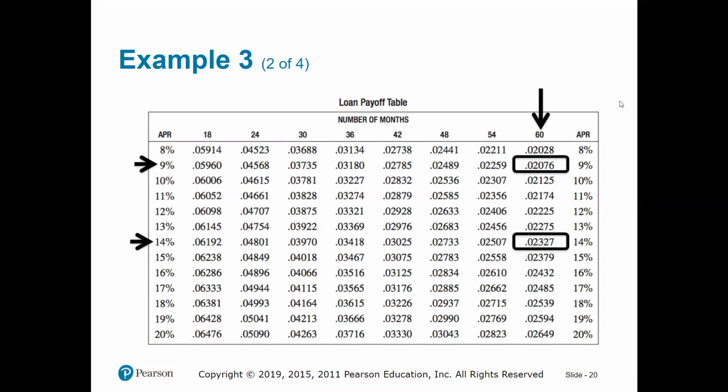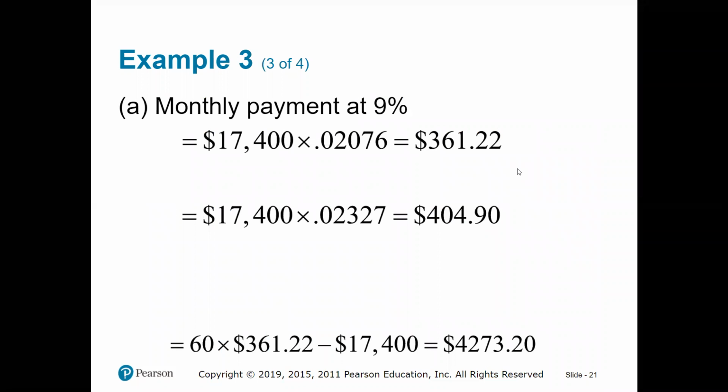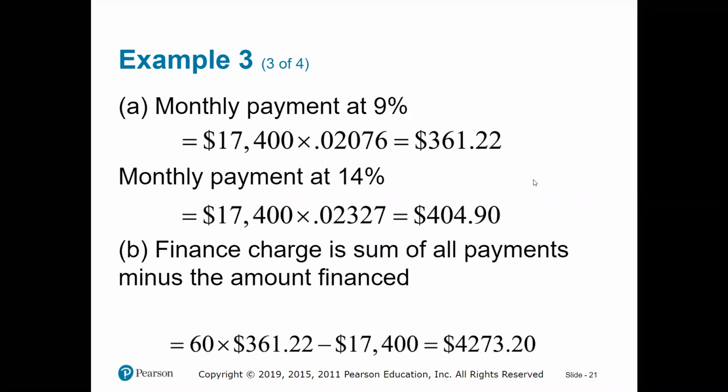All right, so now we're going to have to multiply them at the different rates. So here, if she has the lower rate, it's going to be $361.22 a payment, or at the higher rate, it'll be $404.90 a payment.